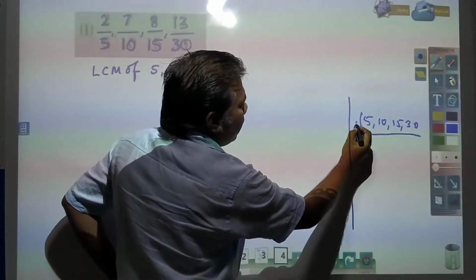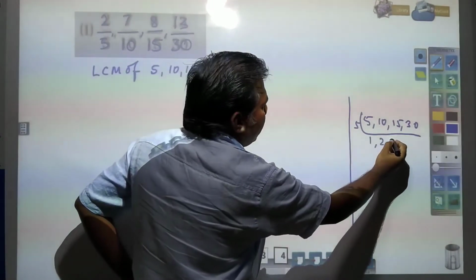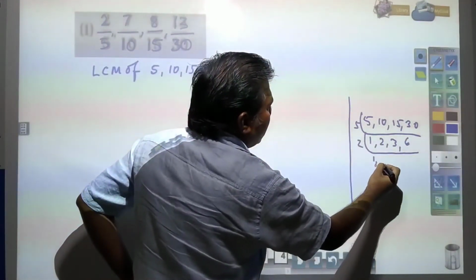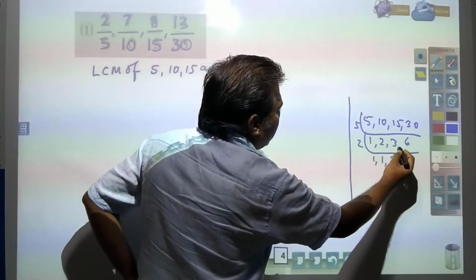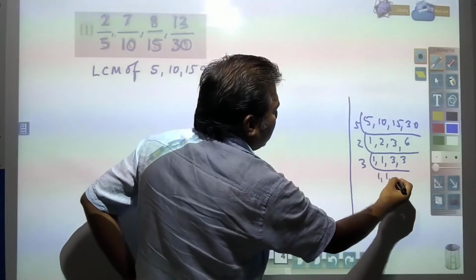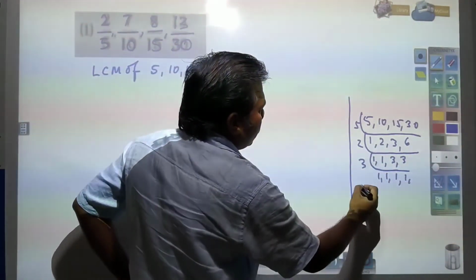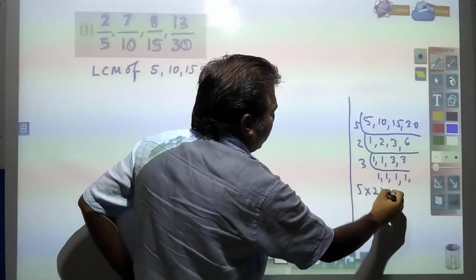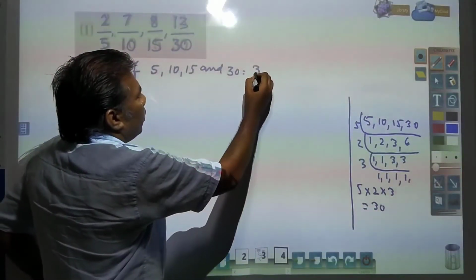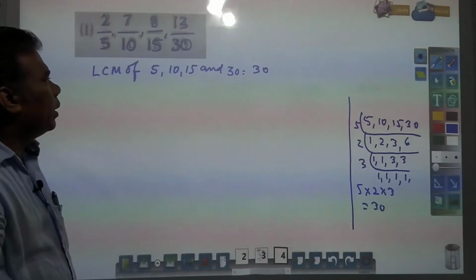So this will be 5 1 is 5, 5 2 is 10, 5 3 is 15 and 5 6 is 30. 2 1 is 2 and 2 3 is 6 and 3 1 is 3, 3 1 is 3. So you will have 5 into 2 into 3 means 30. So your LCM is equal to 30.